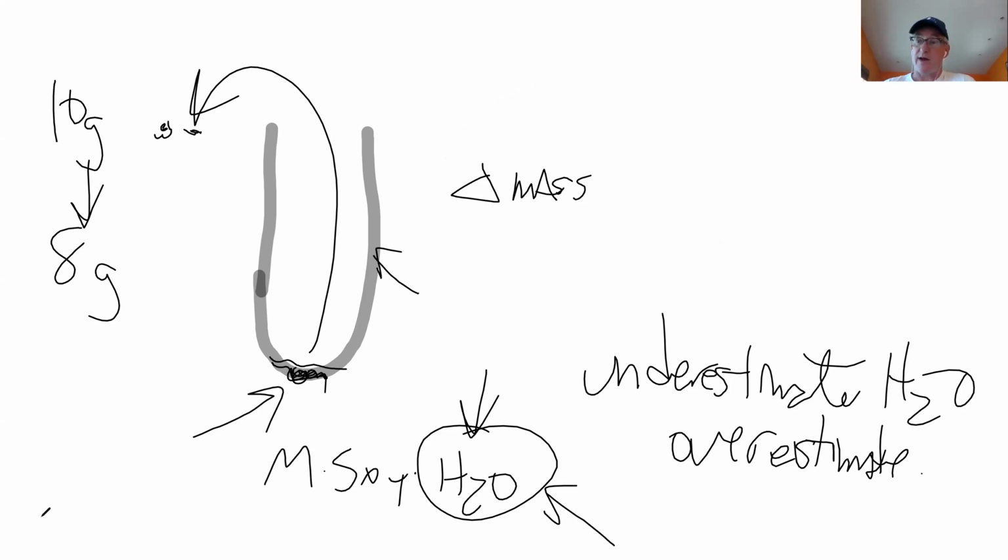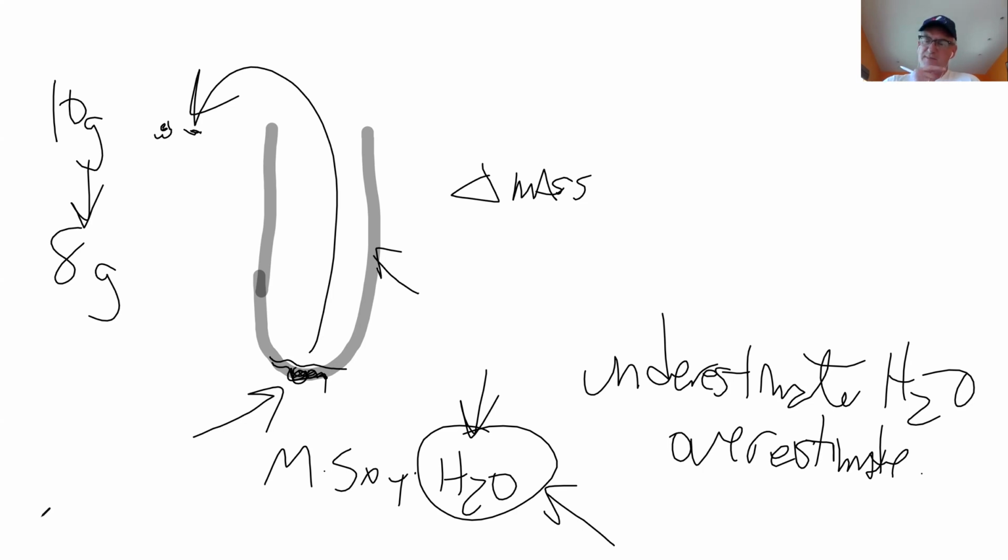So I didn't have water. I took care. When you actually do this experiment, you heat the test tube, and you heat it and heat it until it stays the same mass, because now you've got all the water out of it. Then you put your sample in. So now I put my sample in, but I heated it too fast, and a little bit of the solid came out.